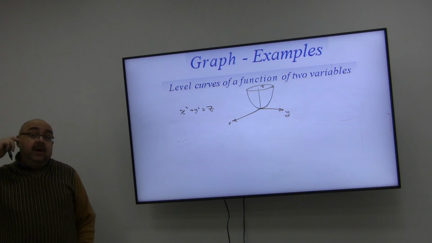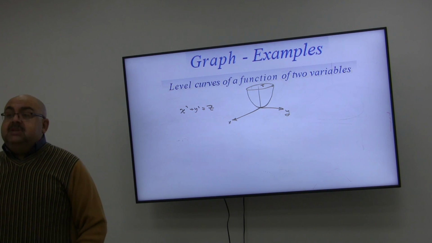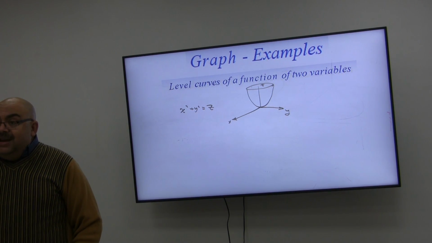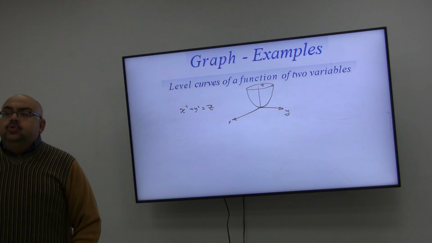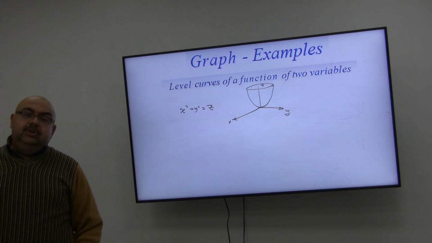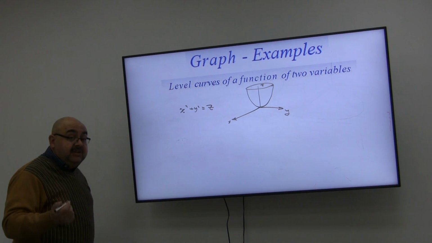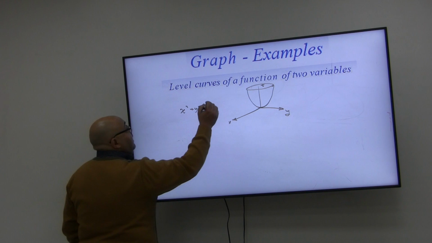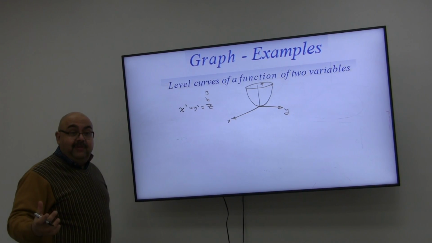Yes? Okay, what's going to be the level curve at z equal to 3? What to do? All I have to do in order to get a level curve is really very simple. All I have to do is to replace z by the value of 3. You need to see the level curve at 3.